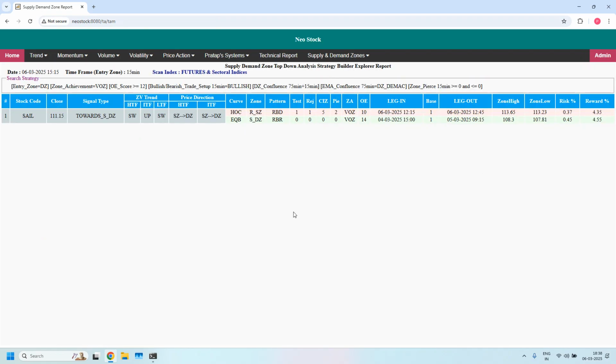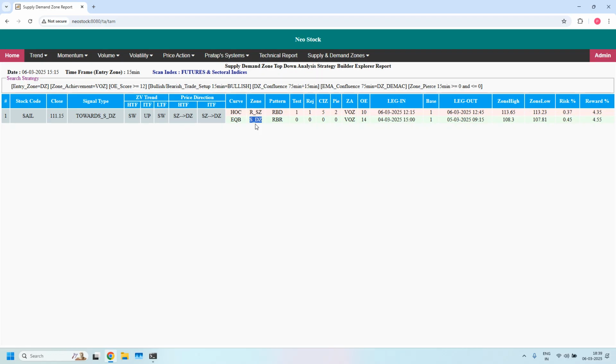So with this filter, we got 1 stock. So that way this 15 minutes demand zone might have higher probability to get success, because the 15 minute zone overlapped with the 75 minutes demand zone. That 75 minutes demand zone has daily EMA confluence.